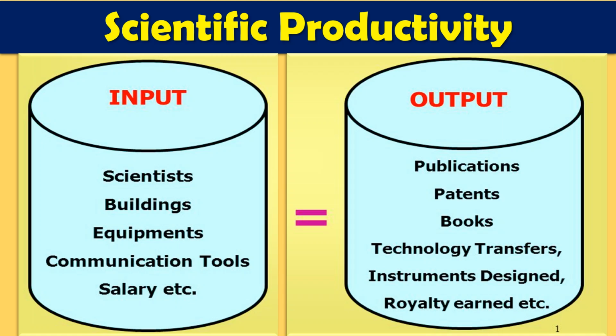As a result of this input, we get some kind of output, that is scientific literature, scientific outputs, which can be measured by publications, patents, books, technology transfer to the industry, instrument designs, methodology modifications, royalty owns. So these are the input and output in the scientific community.